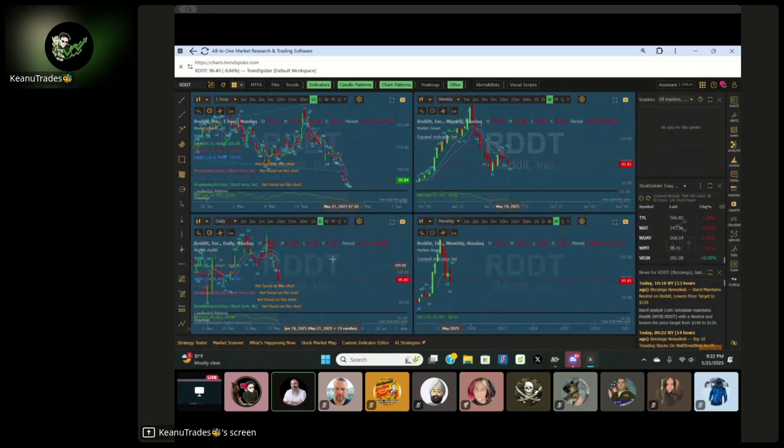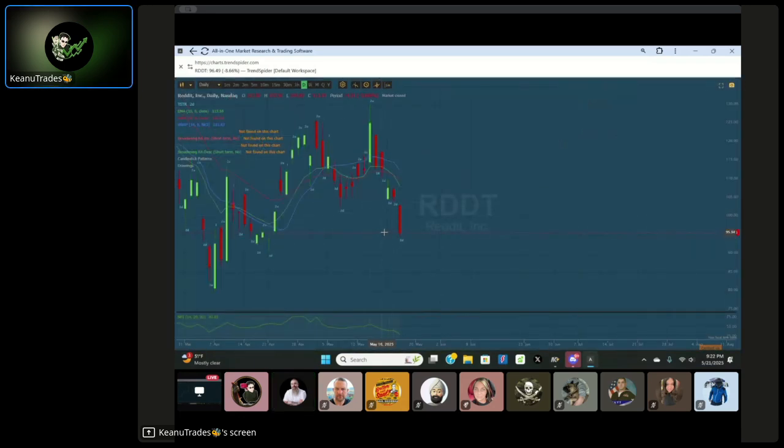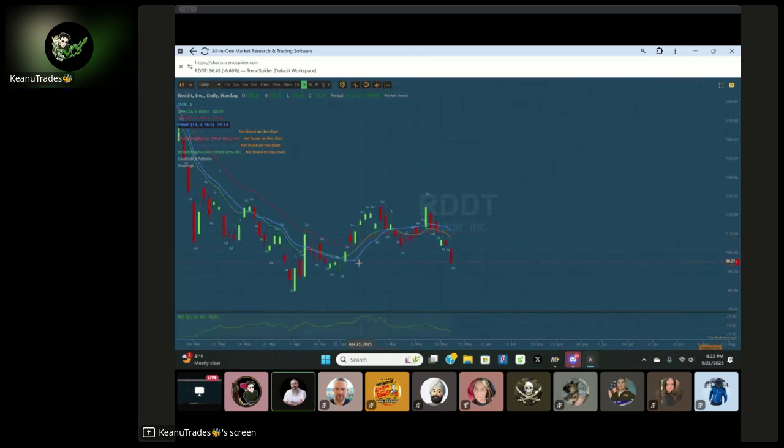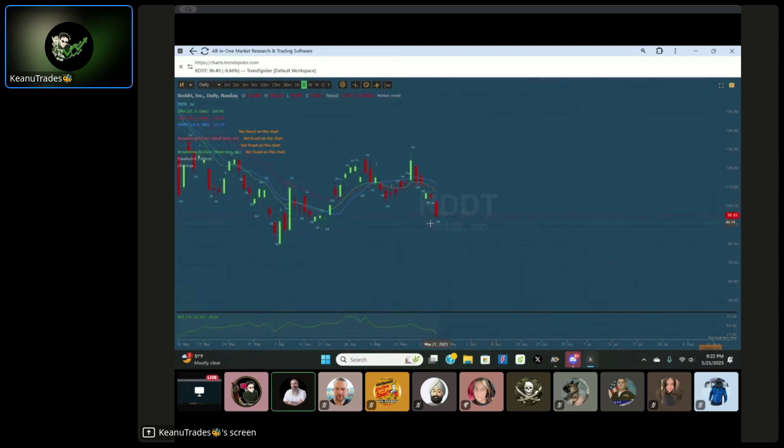Daily, same thing. It's trying to pick up support here, but I would say more than likely you will come back down through this range to 87.30. That's where on a daily I'd start looking for a daily reversal.